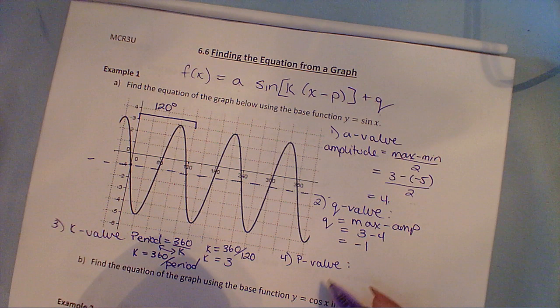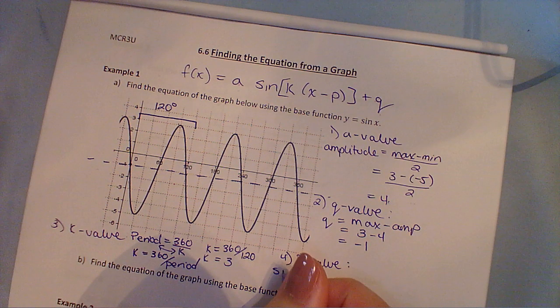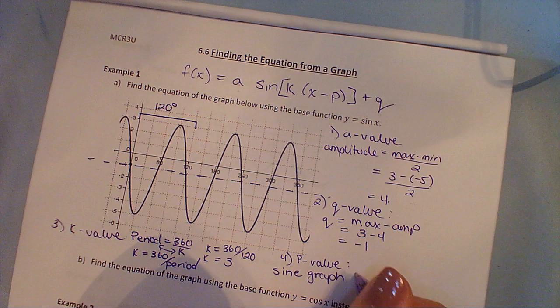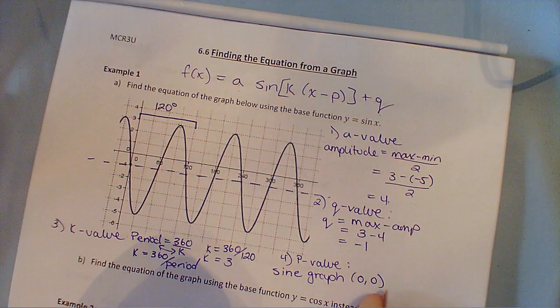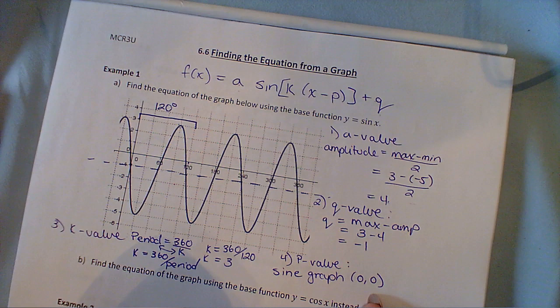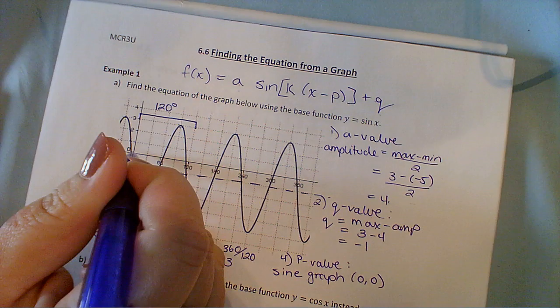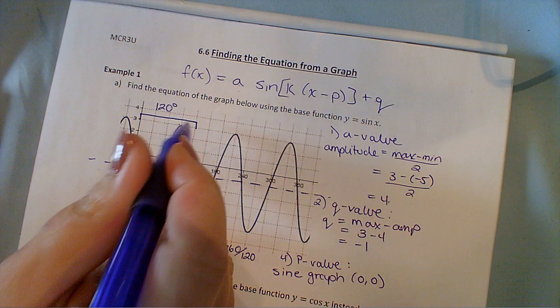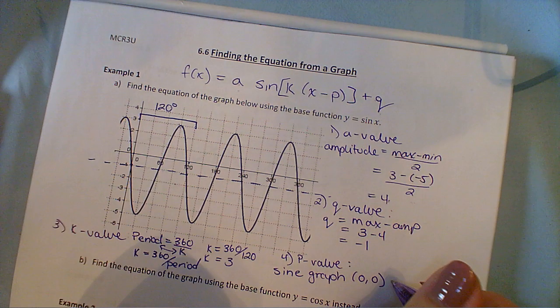So let me explain. If you're considering it to be a sine graph, what you're looking for is where did your original 0, 0 end up? If you remember, regular sine starts at 0, 0 and it goes up from there, right? What we're looking for is the beginning of the upward bump.